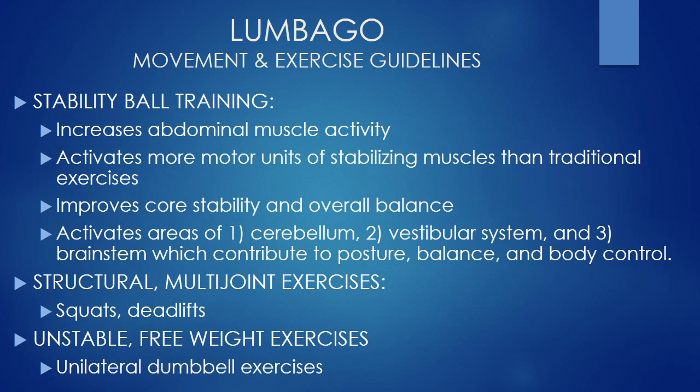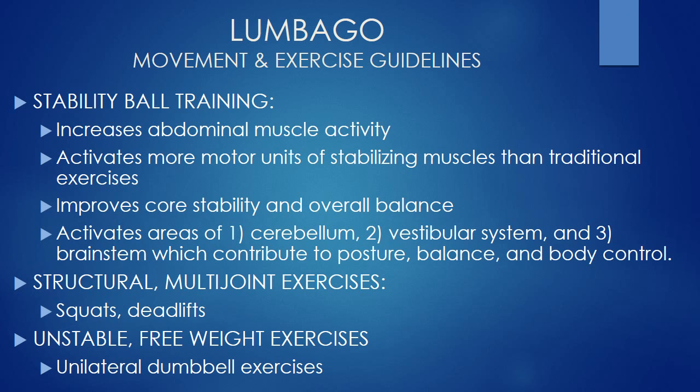This is the so-called core stabilization training. So it increases the electromyographic activity in the rectus abdominis, the transversus abdominis, the internal obliques, the quadratus lumborum muscles, and it increases the neuromuscular control of the lumbar spine through activation of the abdominal muscles.